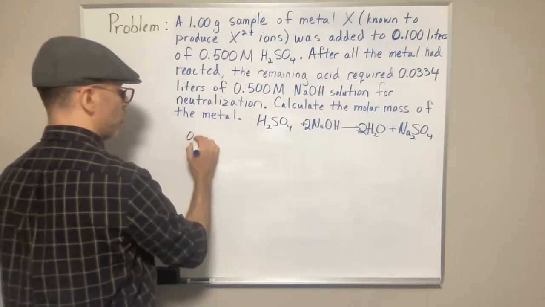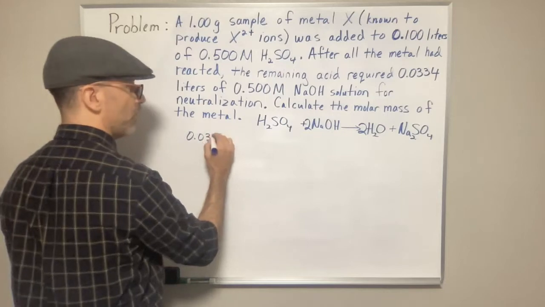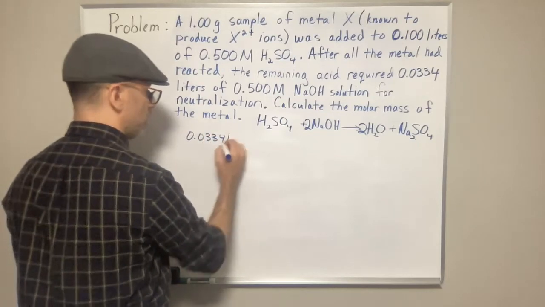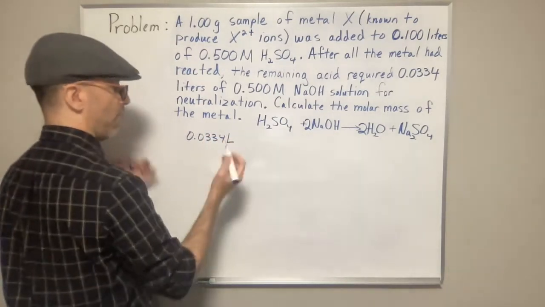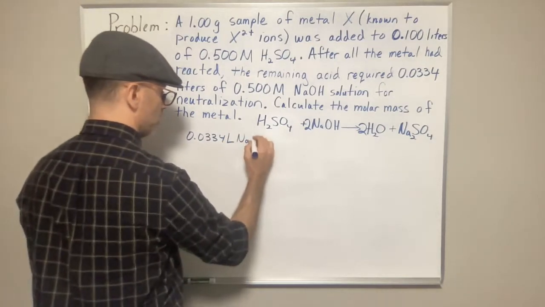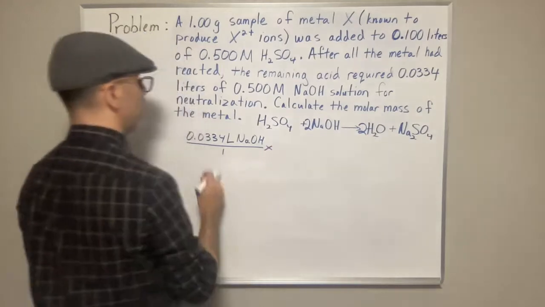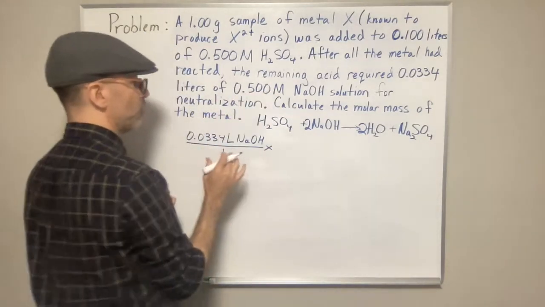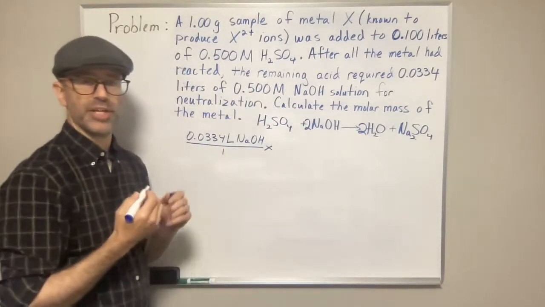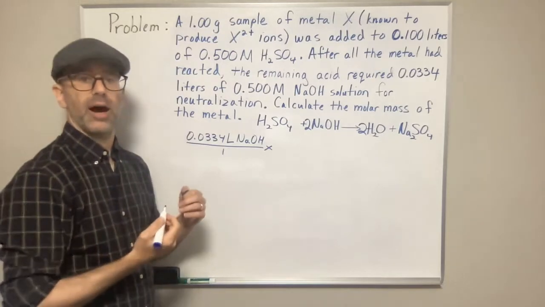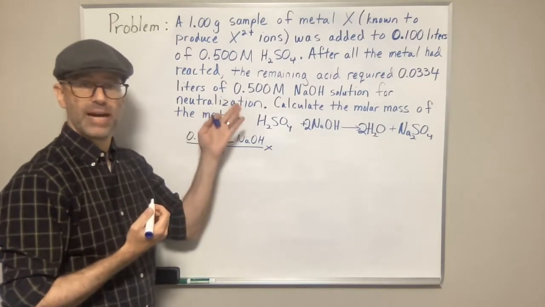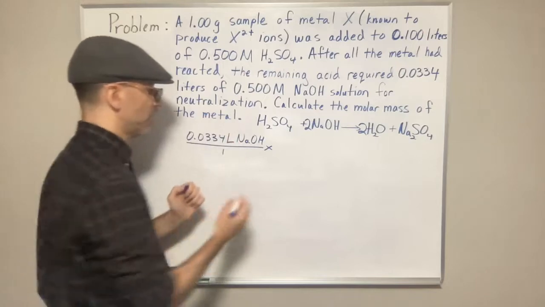So I take 0.0334 liters of my NaOH, put that over 1, and then I'm going to use this molarity as a conversion factor. Since molarity is moles over liters, this is 0.500 moles per 1 liter.